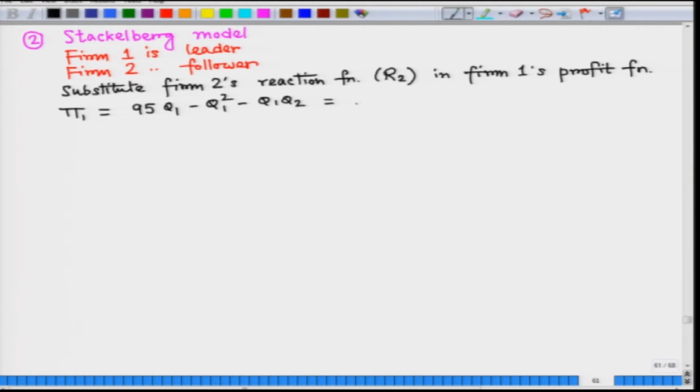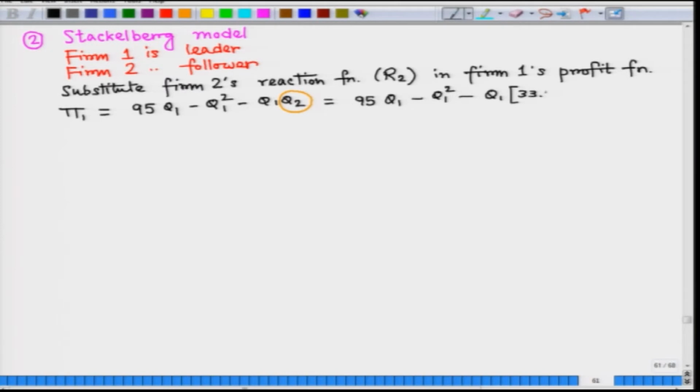So, now let us plug the reaction function expression R2 in the profit expression of firm 1, and that is basically the expression for Q2, right. Okay. So, now let us substitute that here.